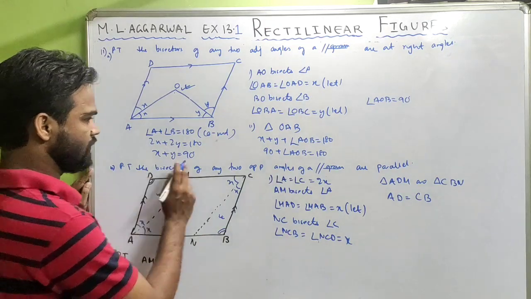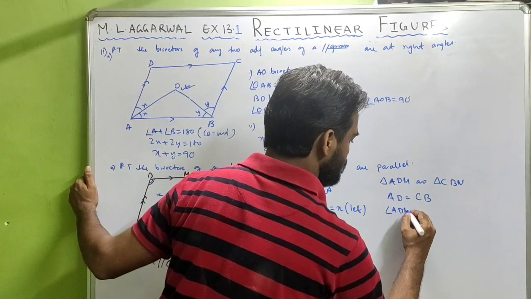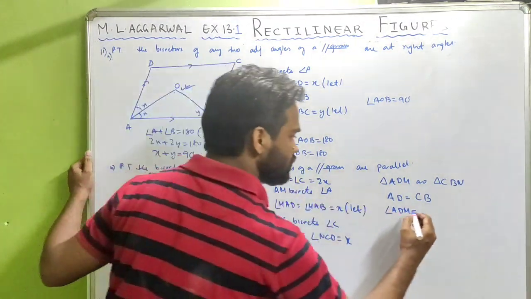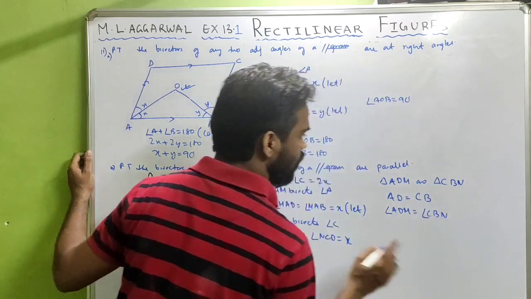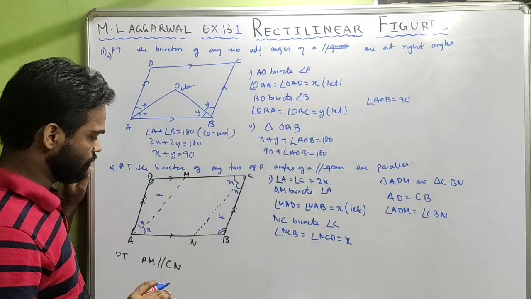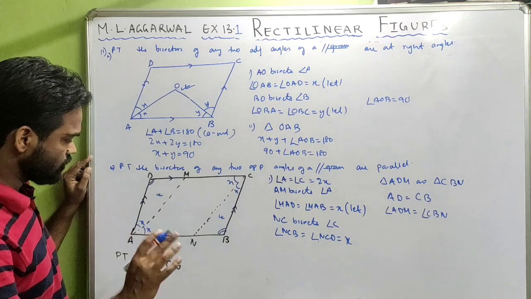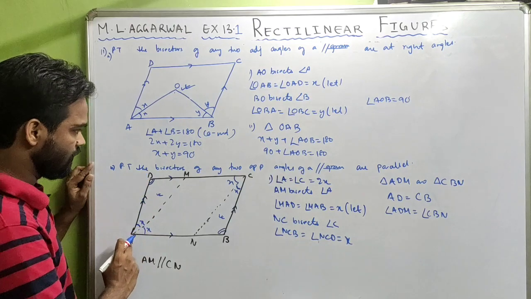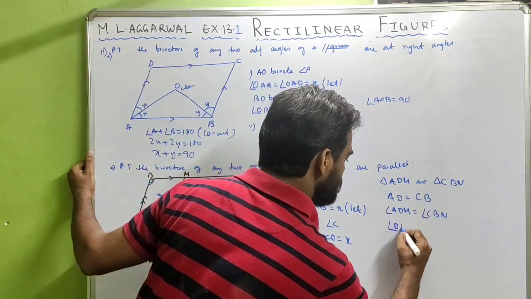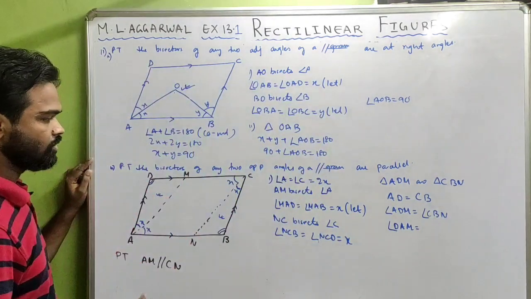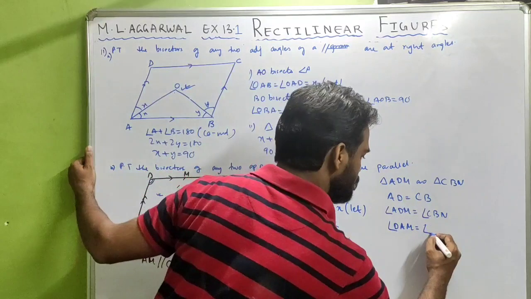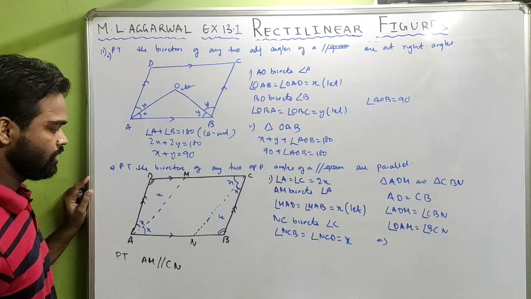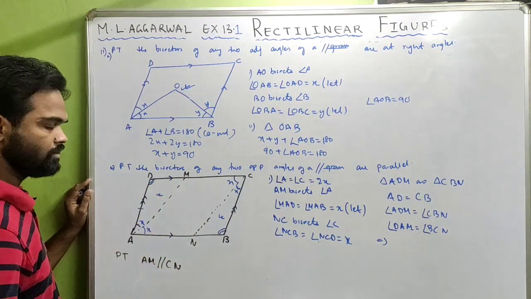Angle ADM is equal to angle CBN. Opposite angles of a parallelogram have to be equal. And just now we proved that this angle and this angle are equal, which means angle DAM is equal to BCN. Proved? We have proved this earlier. Which means these two triangles are congruent. Angle side angle.